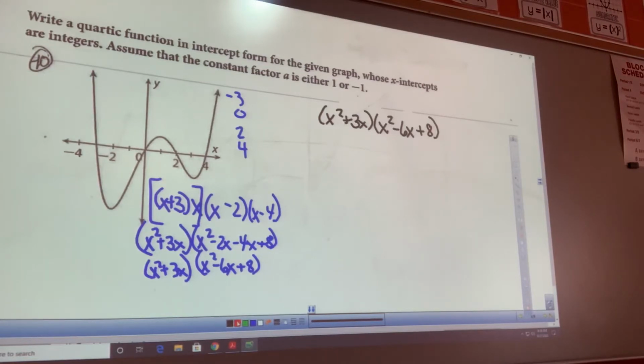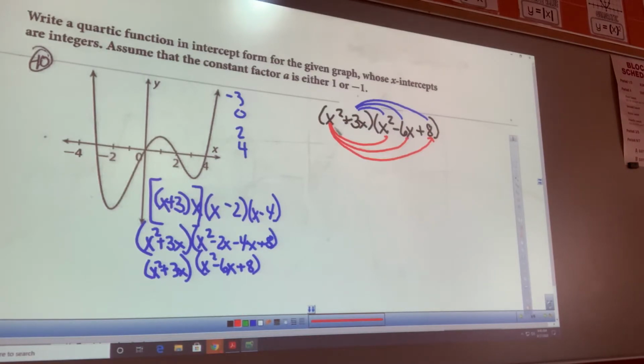So, what you do is distribute the x squared here, and here, and here. And then you will distribute the 3x here, and here, and here.